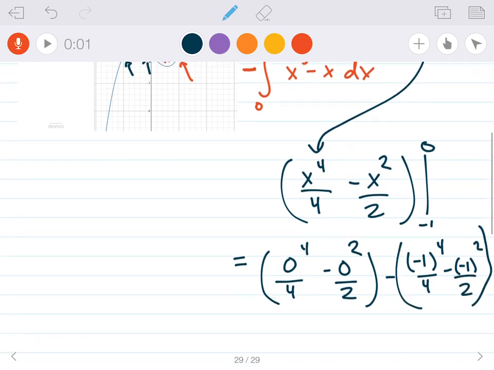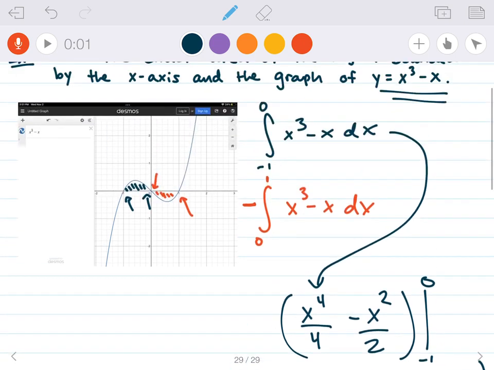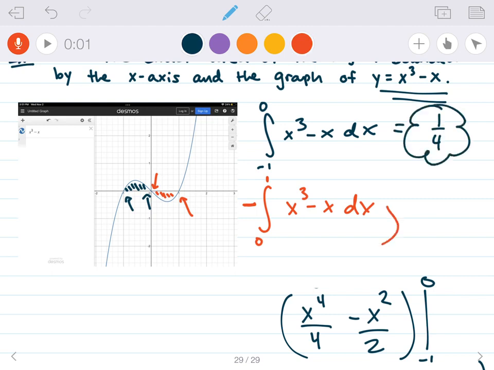Computing this, I get a fourth. All right, so that is this black area. Let's put that off to the side. Now let's do this, remembering that we have to make our answer negative.